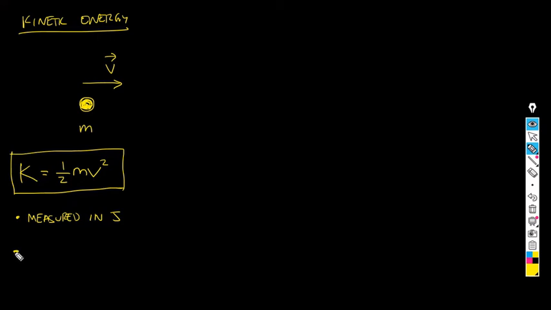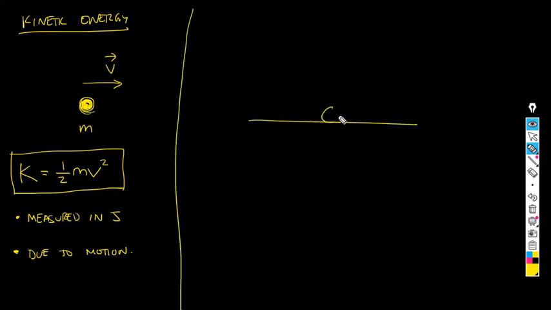And the second remark is that this energy, kinetic energy, is due to motion. When you have a particle moving, we say that it has kinetic energy. On the other hand, if you have something which is completely at rest, suppose that the velocity of this particle is 0, it doesn't matter how massive it is.